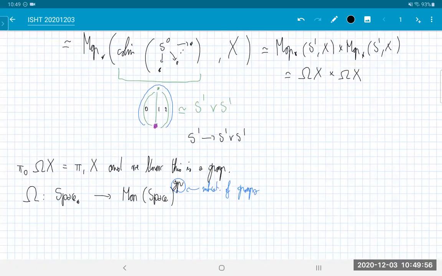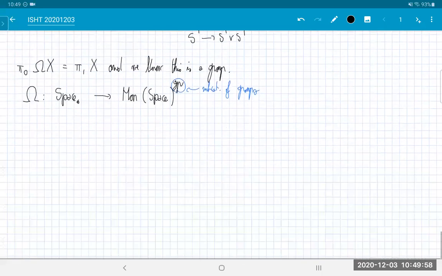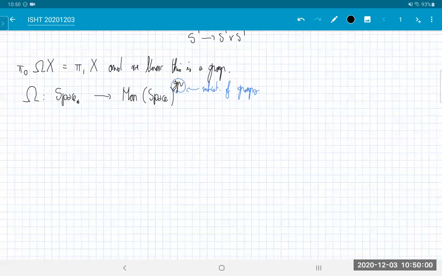So what am I going to do? The goal is to define the adjoint of this Ω. We want an inverse. Well, let's start by finding an adjoint. And it's a very important functor, so it deserves a name. So let M be a monoid in spaces.